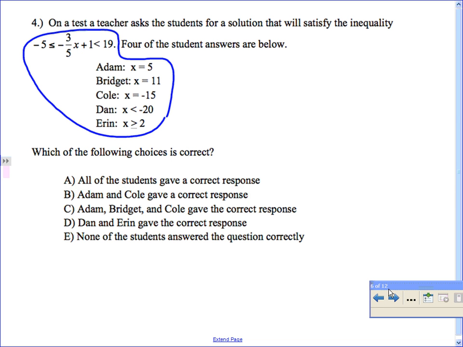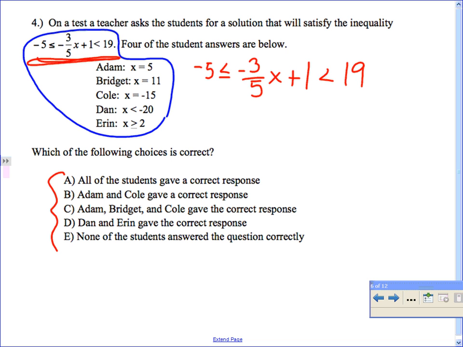My recommendation, if you didn't do this on the test Friday, is to solve the inequality here and figure out what students' answers are true. And then we're going to look down here to see whether A, B, C, D, or E is the answer. So I want you to rewrite negative 5 less than or equal to negative 3/5 x plus 1 less than 19.